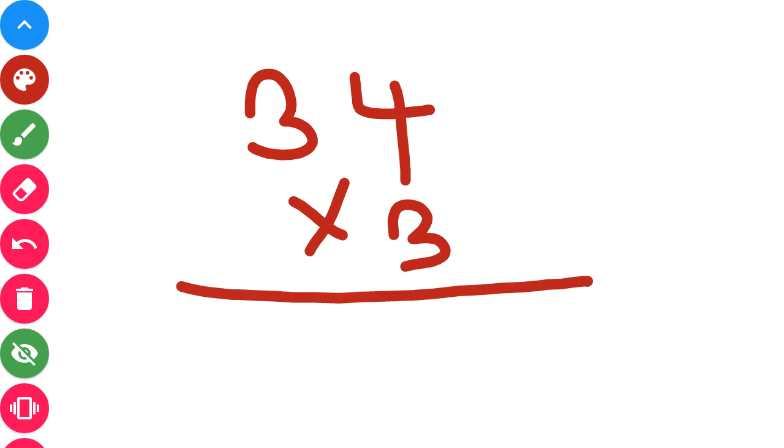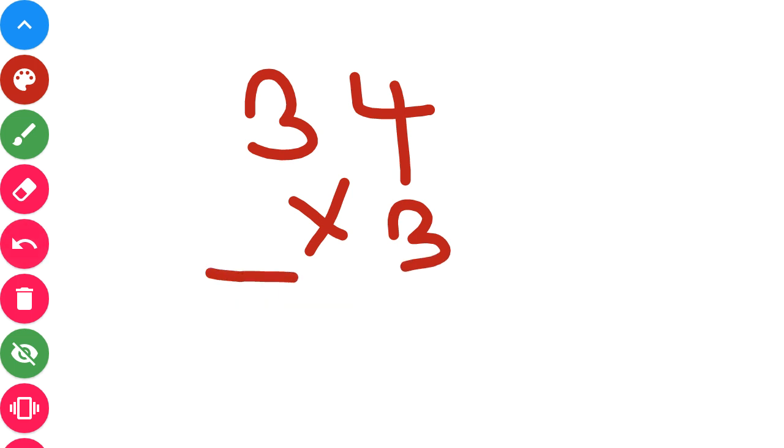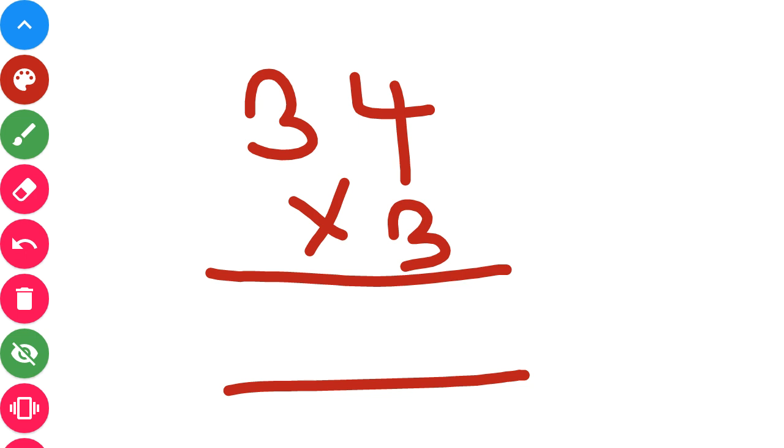Now suppose 34 multiply by 3. 34 multiply by 3. Okay.